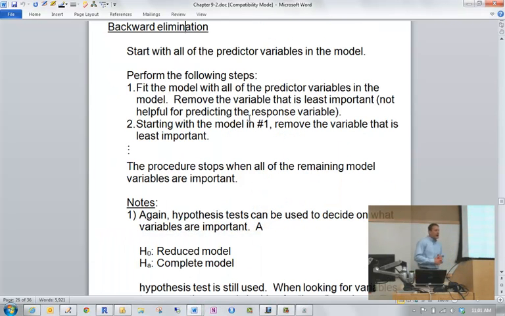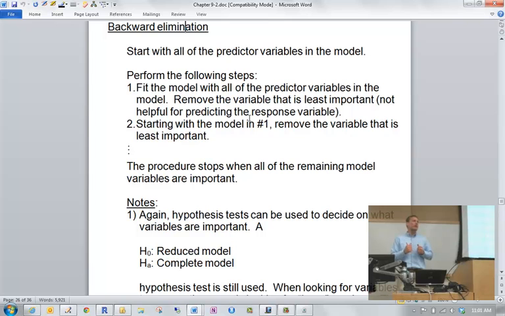Okay, so last time we left off talking about forward selection, and this corresponds to step 2 of the 4-step model building process, where what we're trying to do is remove particular predictor variables that may not be helpful in predicting the response variables.